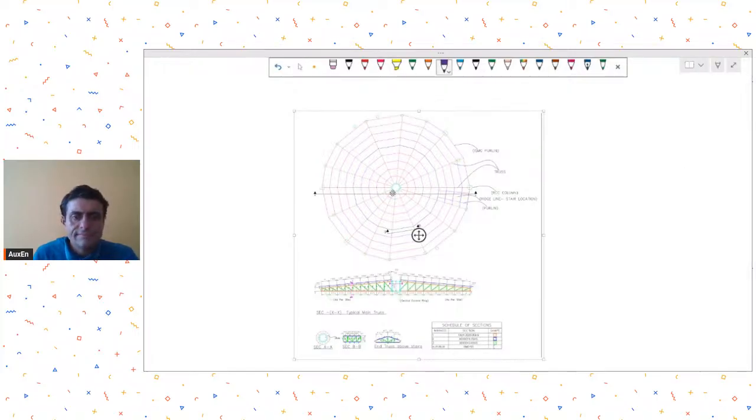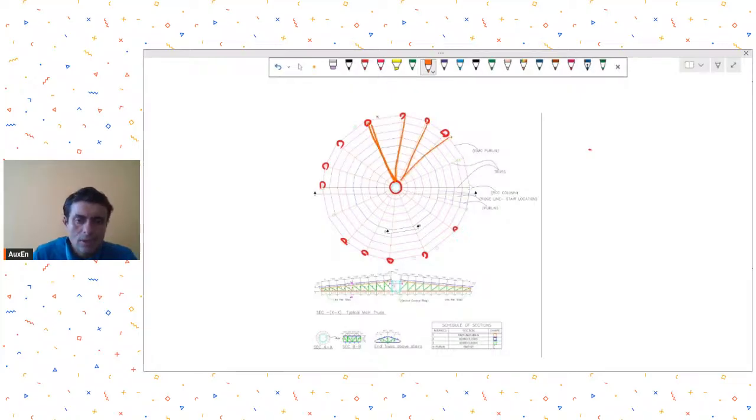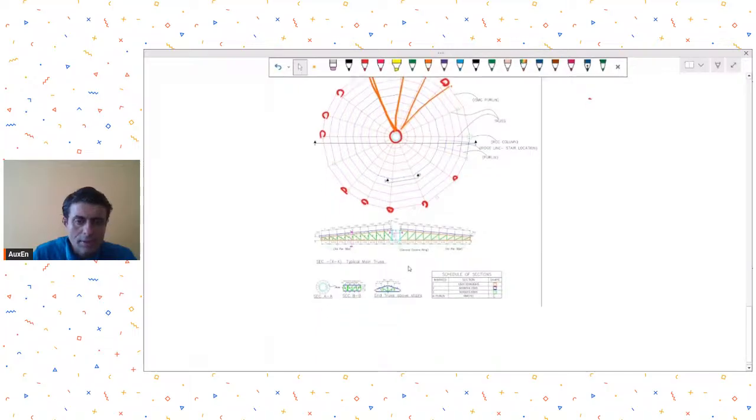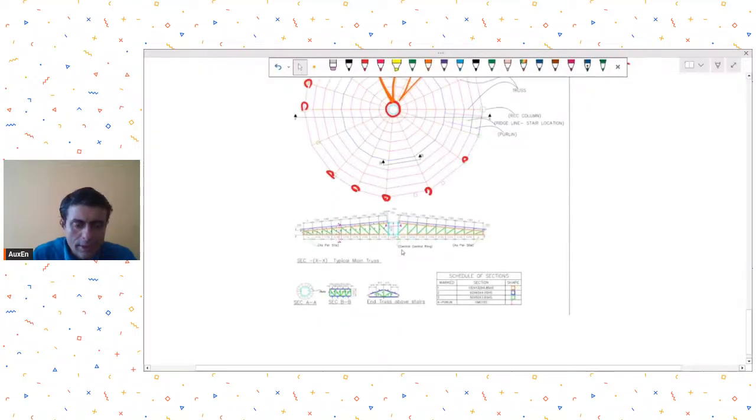This is the compression ring, and then these are the columns on the circumference. I think at some locations these columns seem to be out of place, and then these are the trusses. Orange lines are the radial truss. And then this is the compression ring that he has provided, this blue thing.